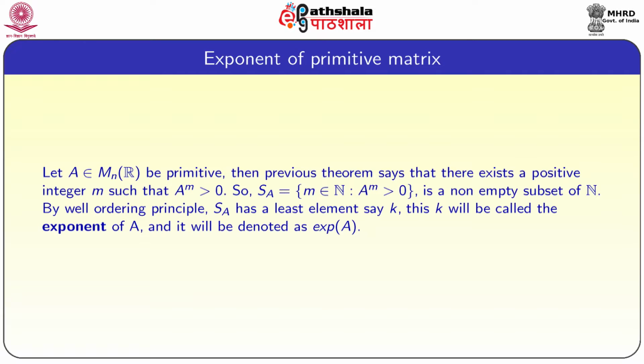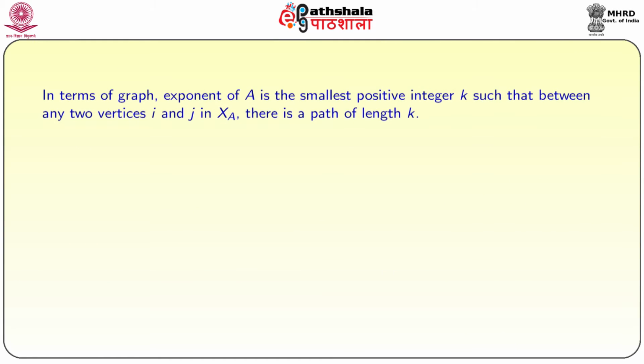This k will be called the exponent of A and is denoted exp(A). In terms of the graph, the exponent of A is the smallest positive integer k such that between any two vertices i and j in XA, there is a path of length k.